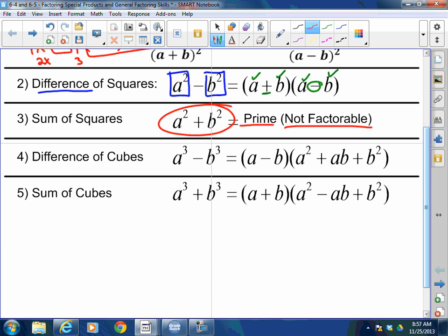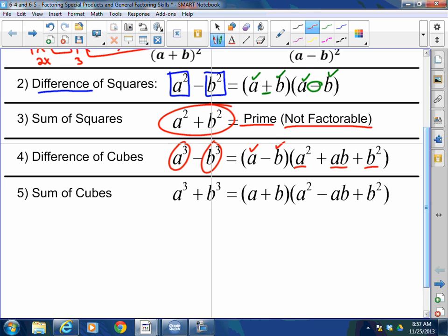It's a 2-second question. Now, difference of cubes and sum of cubes. Please follow. When you have a perfect cube minus another perfect cube, it is going to factor out the following way: the cube root of the first term minus the cube root of the second term, times the cube root of the first squared plus the cube root of the first times the cube root of the second plus the cube root of the second squared.